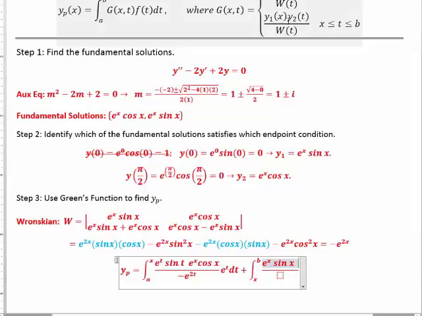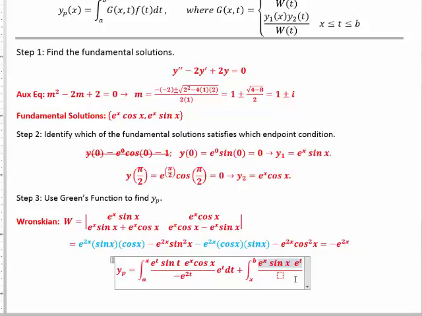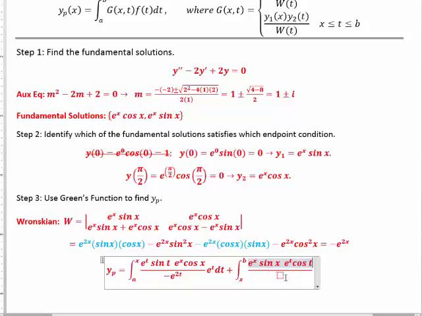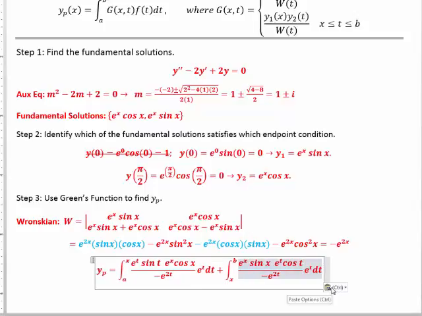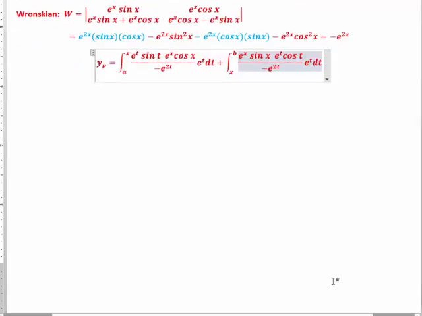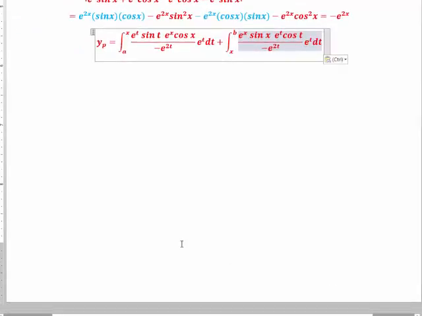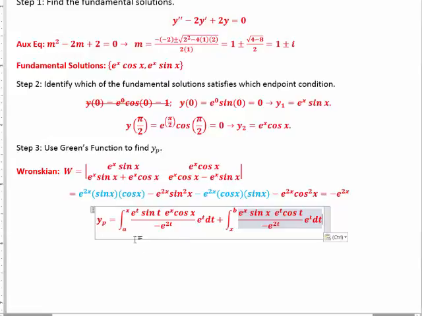And then we're going to multiply it by y2 as a function of t, so that's e to the t times cosine of t, over the same Wronskian, and then the same f of t, before we put on the dt. Okay, so this is our problem. It comes down to this. Oh, a and b, we know what a and b are. So let's put that in. A is equal to 0, and b is equal to pi over 2.